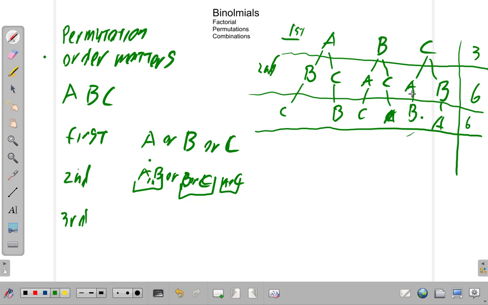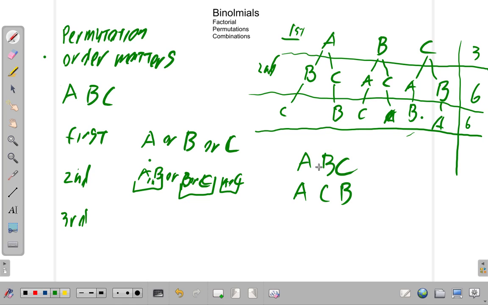You get the point? So we're just looking at the arrangements in which the order matters, the arrangement of ABC. So writing down the arrangements, you'd have A, B, C, as in this case, or you have A, C, B. That's one arrangement.